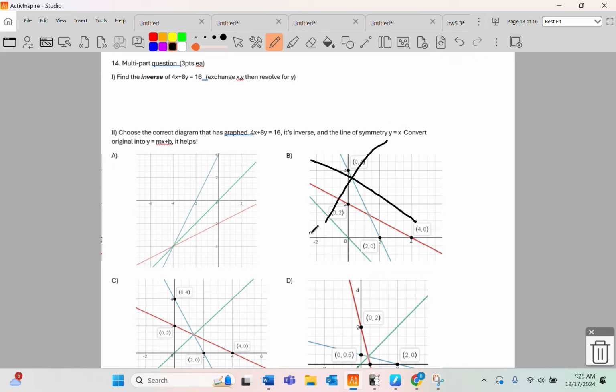All right. I wish I had not just erased what I wrote, but the inverse was what? Negative 2x plus 4.